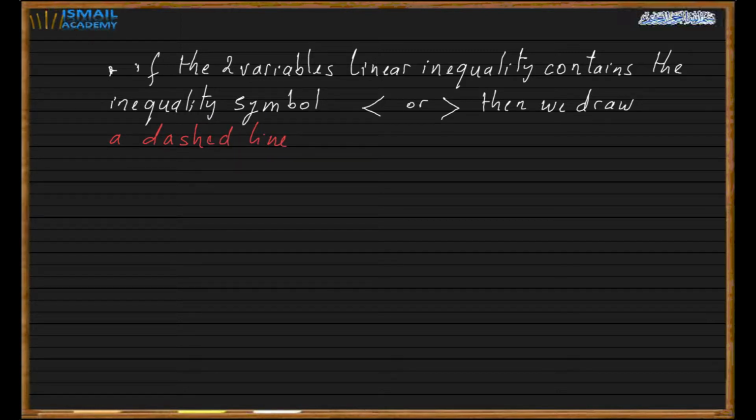For example, in case you want to draw y is greater than 2x plus 5, the line must be drawn as a dashed line. So this is an example.